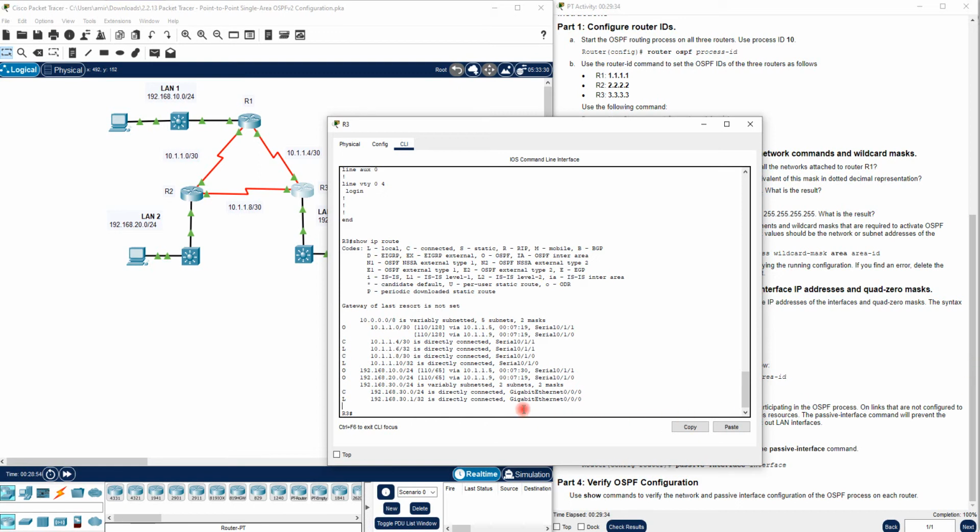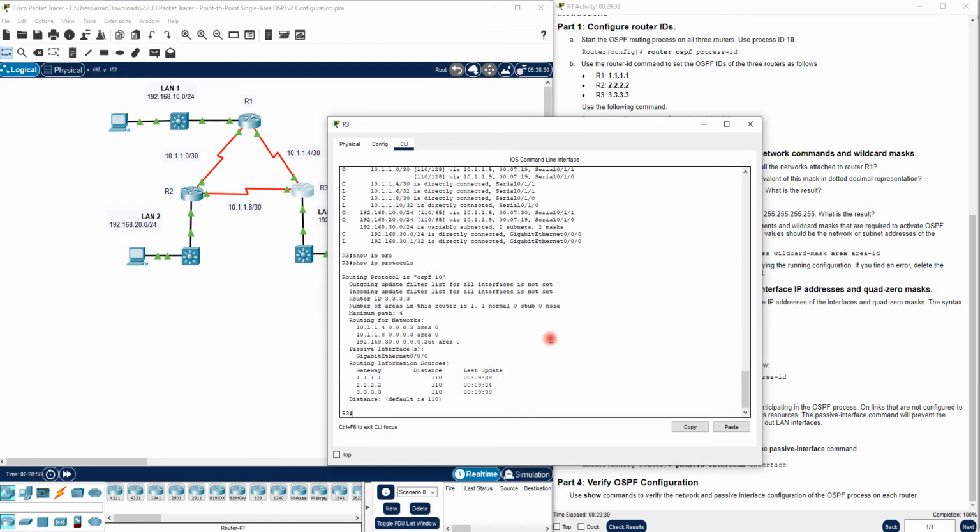And you can also check show ip protocol. Show ip protocol.